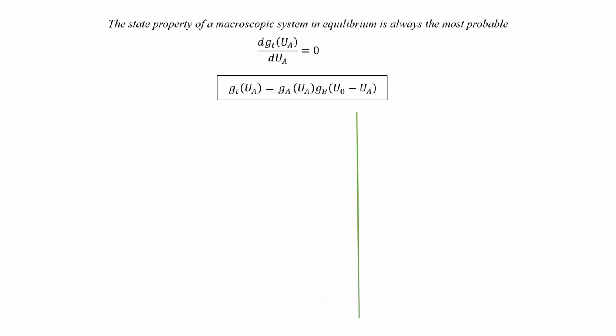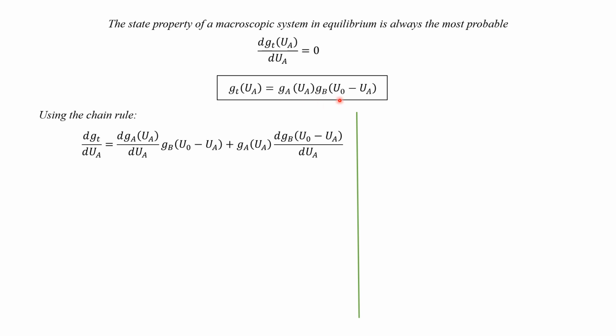Okay, so we found that when system A is in thermal contact with system B, then the energy of system A is the energy at which this derivative is zero. So now we can evaluate the condition at which this derivative is zero. To do that, we're going to express the multiplicity of the total system as the product of the multiplicity of system A and the multiplicity of system B, as we have just seen.